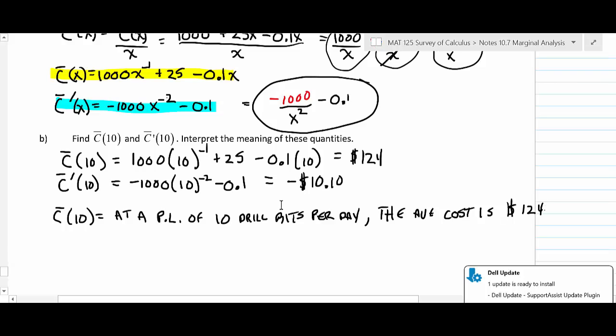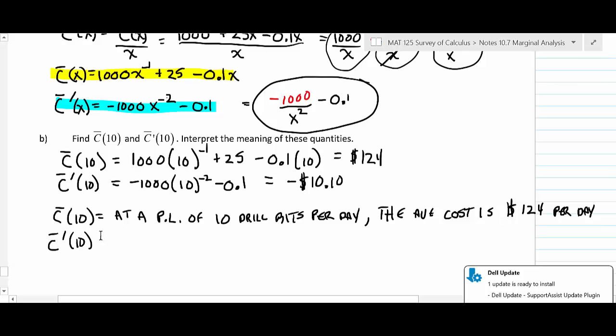What we're doing on this is dividing by the number of items. That's not per drill bit, that's per day. That's total average cost.